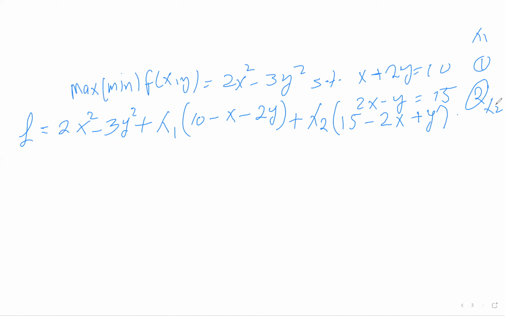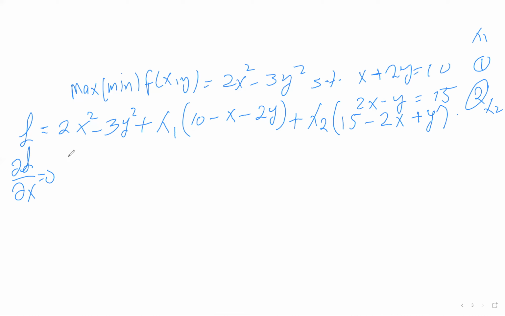Once you set this up, then you're set to go, and it's easy as long as you know how to take a derivative of a function like this. So you take the derivative of this Lagrangian with respect to x, starting from the first one.